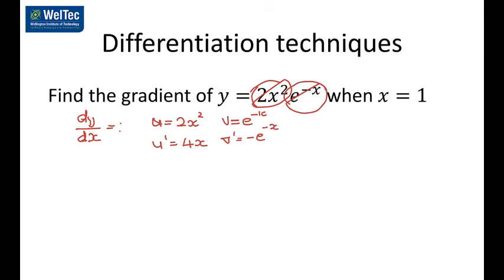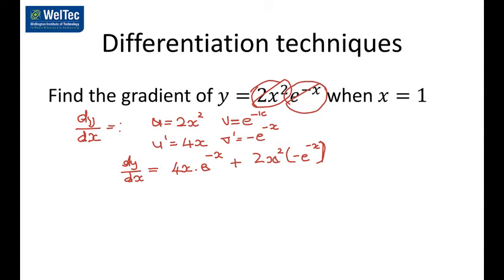So using the product rule, dy by dx equals 4x times e to the negative x plus 2x squared times negative e to the negative x. It might have been better to put that negative in the middle, but it doesn't matter.